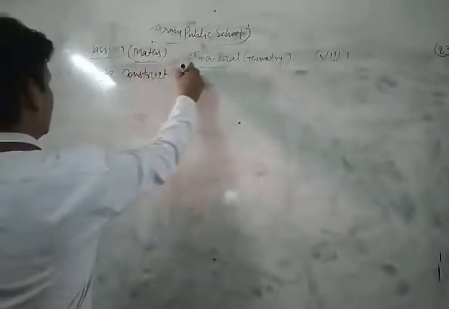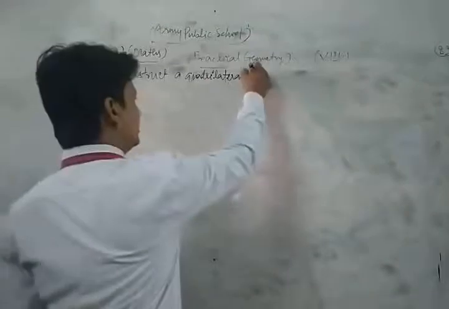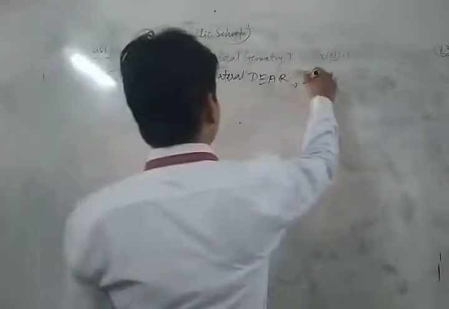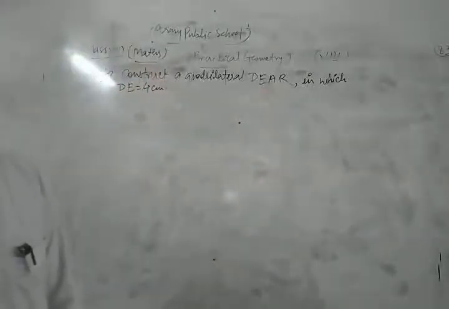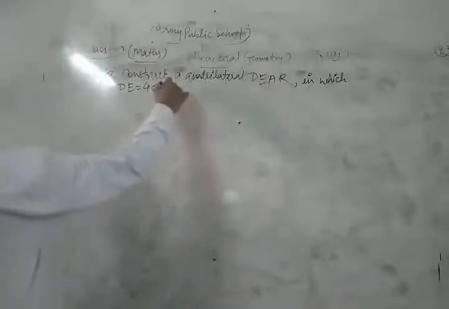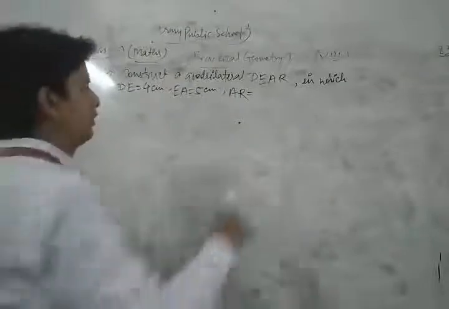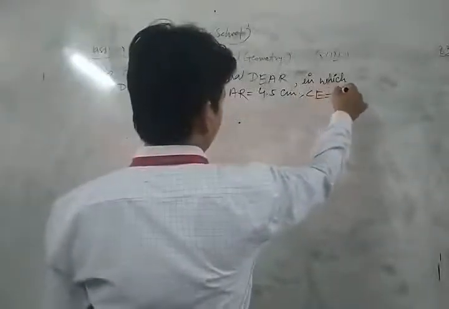Construct a quadrilateral DEAR in which DE is equal to 4 centimeters, EA is equal to 5 centimeters, AR is equal to 4.5 centimeters, angle E is equal to 60 degrees, and angle A is equal to 90 degrees.